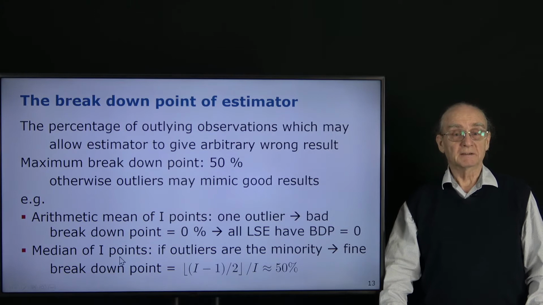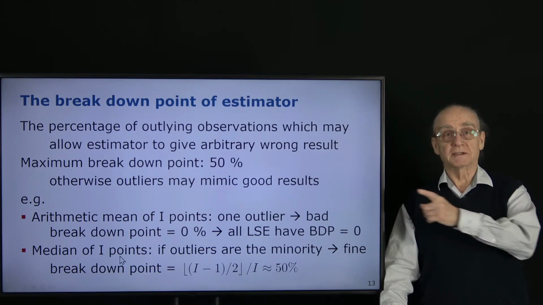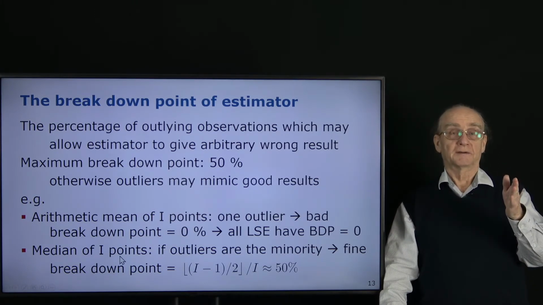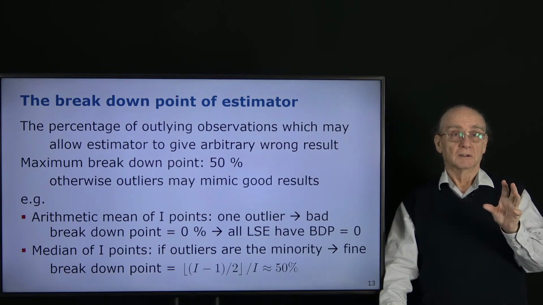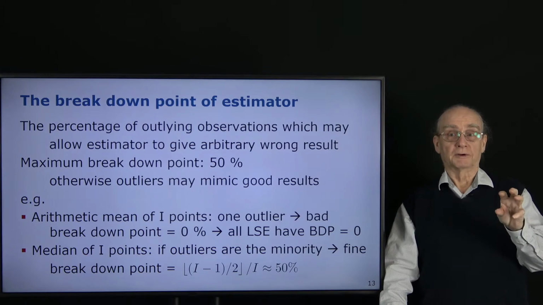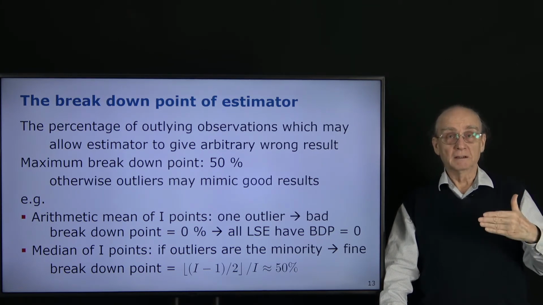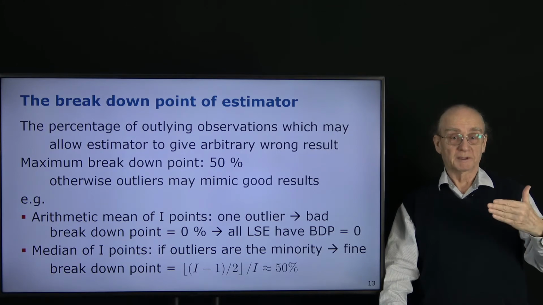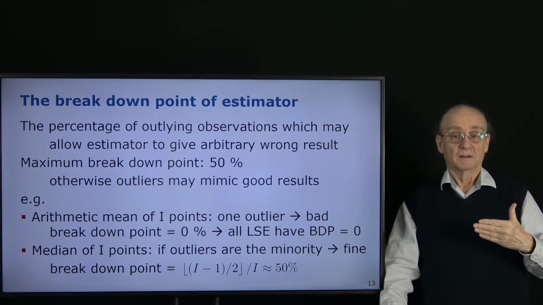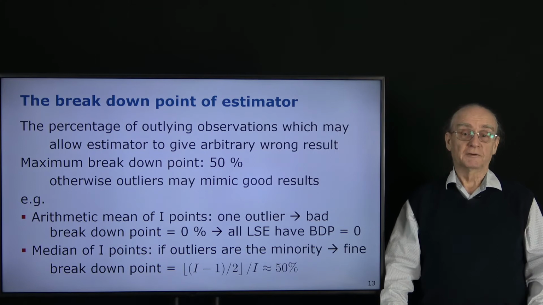Let's take the median of the I points. So you sort all these data and take the middle one. And then, of course, if the majority of the data is good, then you will hit a good point, and take this as the estimate. This is fine. That means you have an estimator for the mean, which is not the arithmetic mean, but the median, which has a breakdown point of nearly 50%.